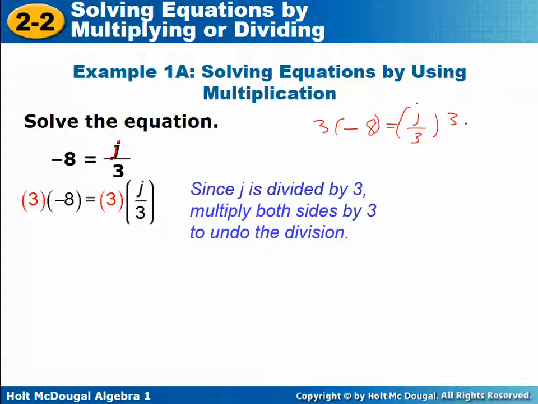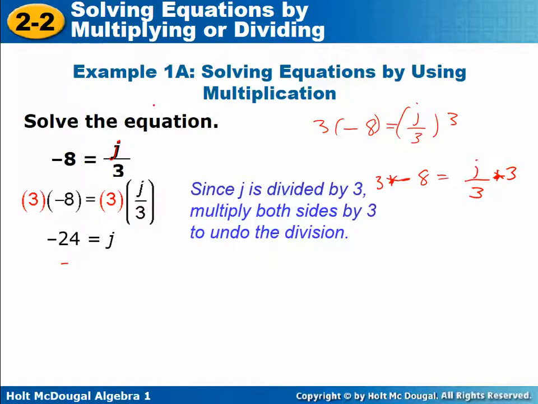There's more room after the j over 3, so I'd put it at the back. You could also put a times sign, like a dot, or on the keyboard that asterisk on each side. Don't lose the negative there, that's part of the negative 8. Or the parentheses, of course, as well.